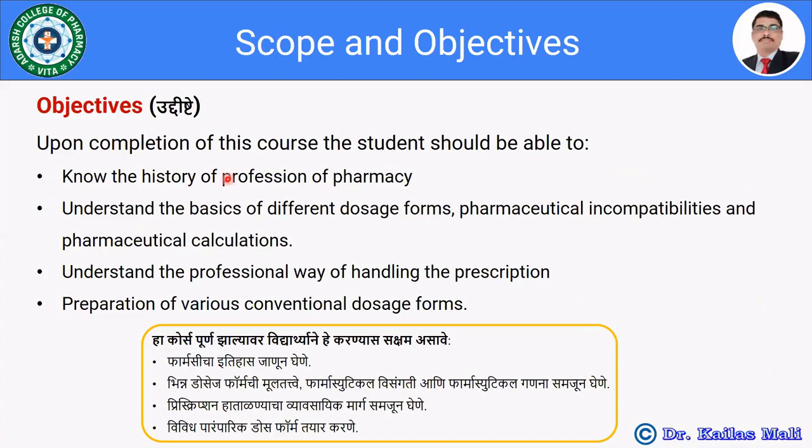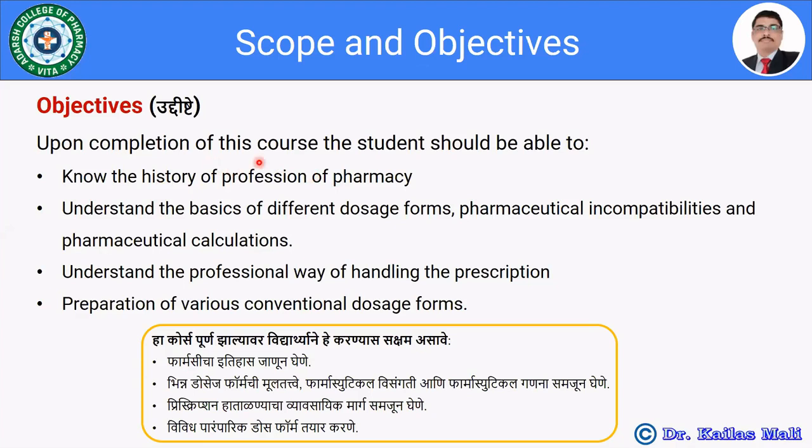Let us see the objectives. After completion of this course, you will be able to know the history of the profession of pharmacy in India. So we are going to discuss the history of the pharmacy profession in India.